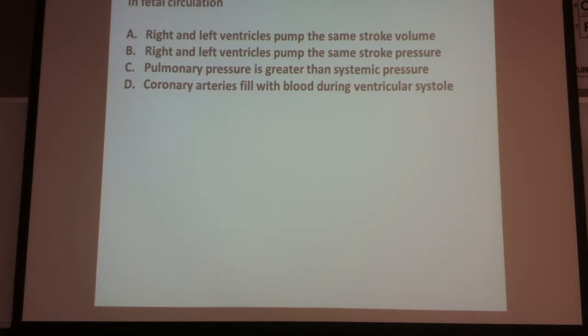Think about our fetal circulation. When the blood comes into the right atria, it can go through the foramen ovale over to the left atrium. Why does it do that? Partly because of the angle it comes in is directed at the foramen ovale, partly because it's easier to do that. Why would it be easier? Pressure is greater in the right side.